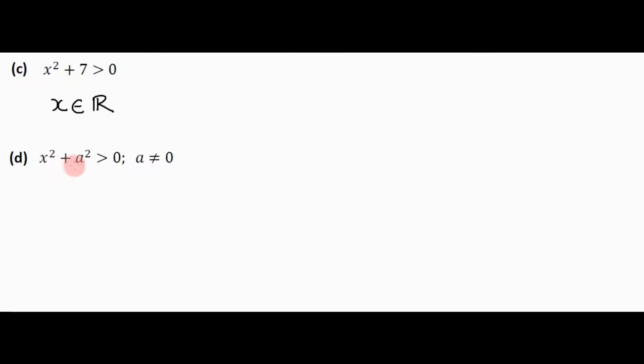It will only be equal to 0 if both x and a are 0, because then we'll get 0 squared plus 0 squared, which we know is 0. So the left-hand side here will only be 0 if both x and a are 0.